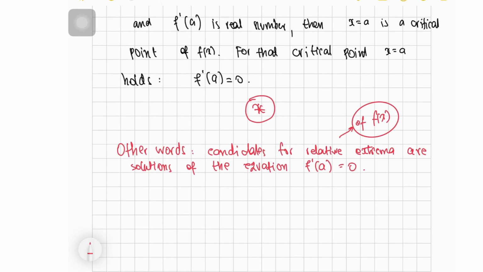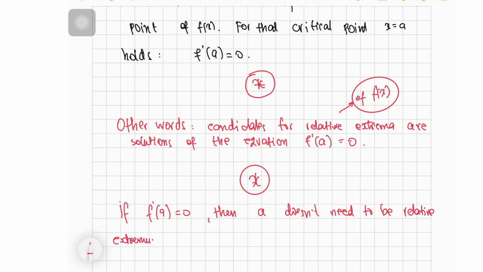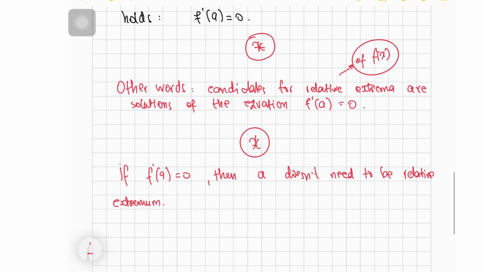Now, the opposite is not true. This is important: if f prime of a equals 0, then a doesn't need to be a relative extremum. Here is a standard example.